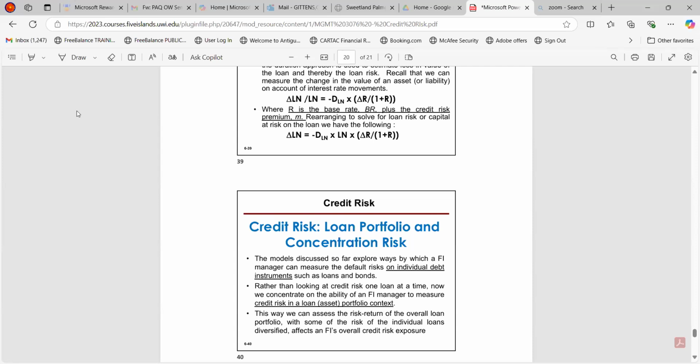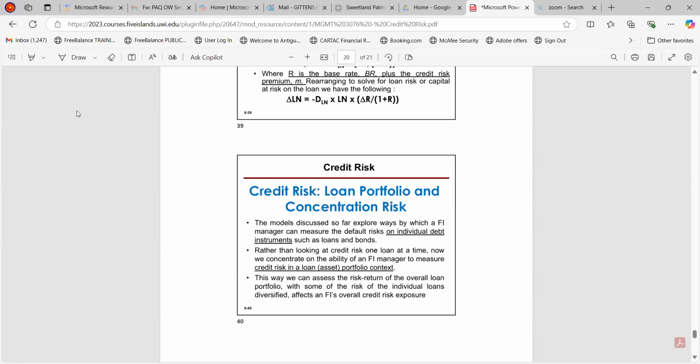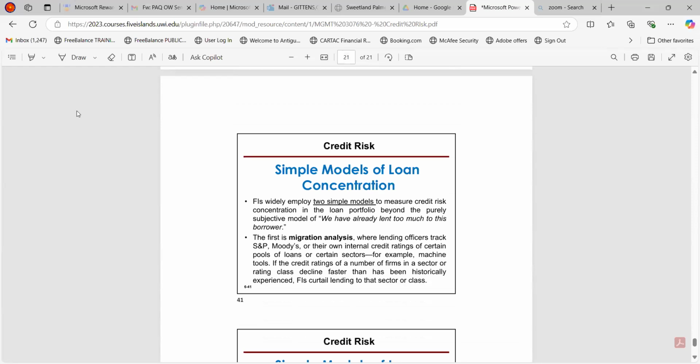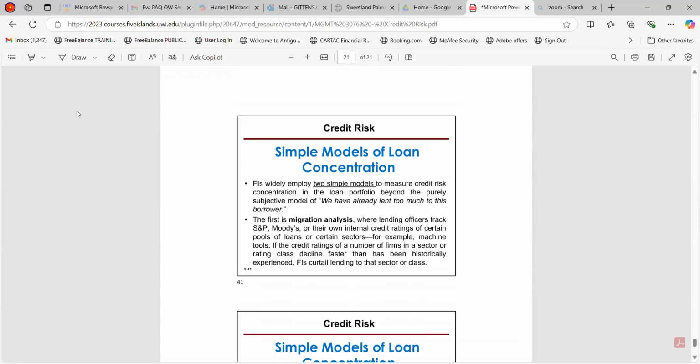When you look at the overall portfolio, you try to diversify that portfolio. You want to reduce the concentration risk of your portfolio by having several different types of loans so that you reduce your exposure. There are a couple of loan concentration models.